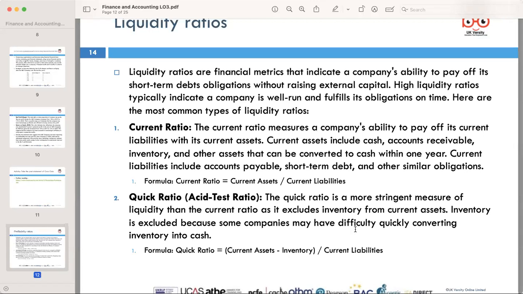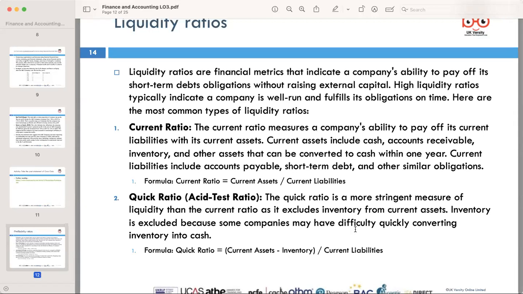Current assets include things like cash, money owed by customers, accounts receivable, inventory, and other assets that can be converted to cash within a year. Current liabilities, on the other hand, include bills the company needs to pay soon, short-term debts, and similar obligations.